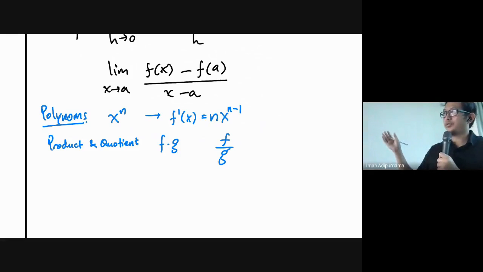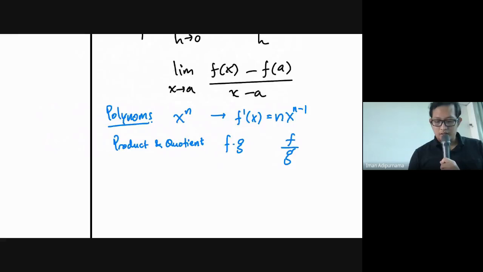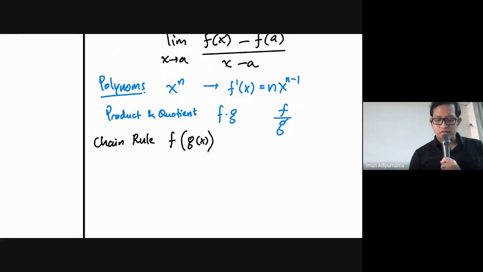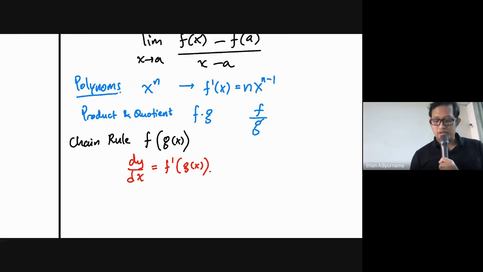I believe you should be able to differentiate using the product rule and quotient rule. And the chain rule: the derivative with respect to x will be f prime, multiplied by the derivative of the inside.